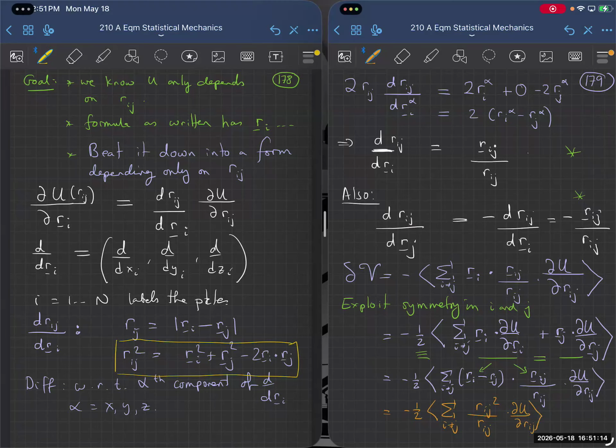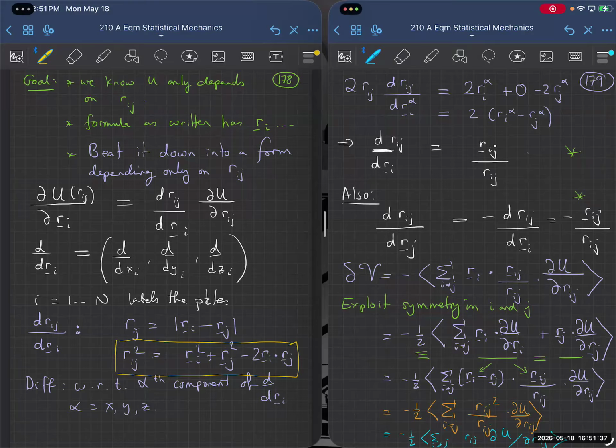And then one of those, the numerator, cancels with the denominator. And so I end up with my final result that this thing is equal to minus 1/2 the expectation value of the sum over i not equal to j of Rij dU/dRij.